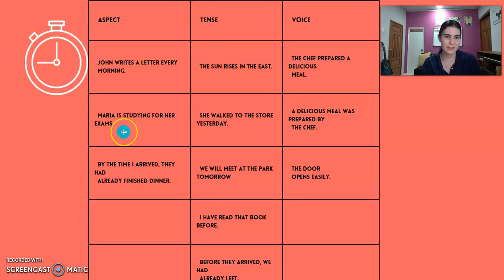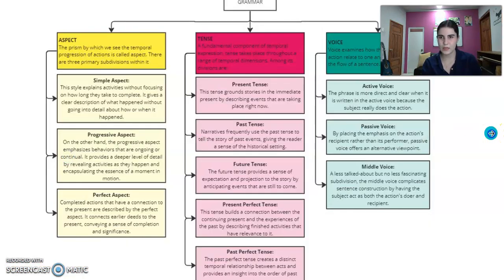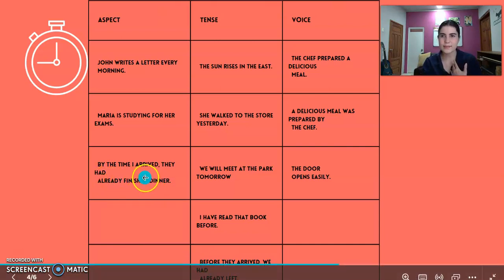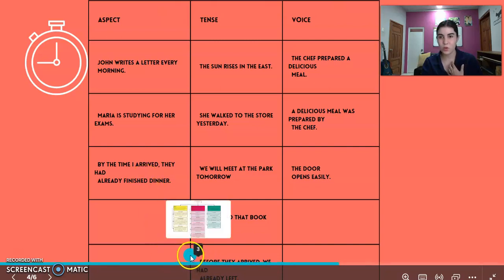The progressive aspect: Maria is studying for her exam, something that I'm still doing, and it's revealing more detail, in this case the exam. And we have the perfect aspect: by the time I arrive, they have already finished dinner. So we can see a sentence can sometimes be aspect, and in this case, it's also past perfect tense.